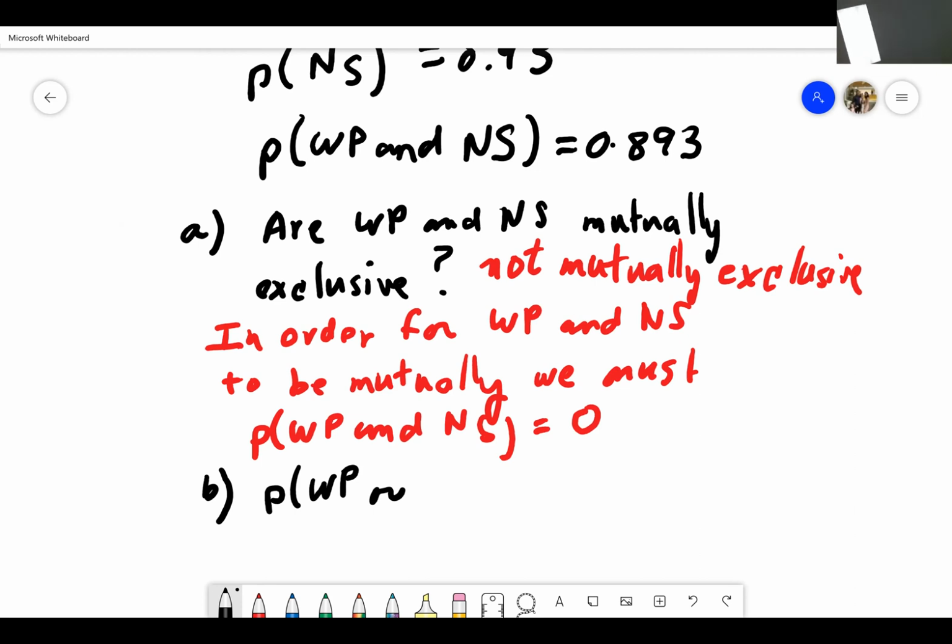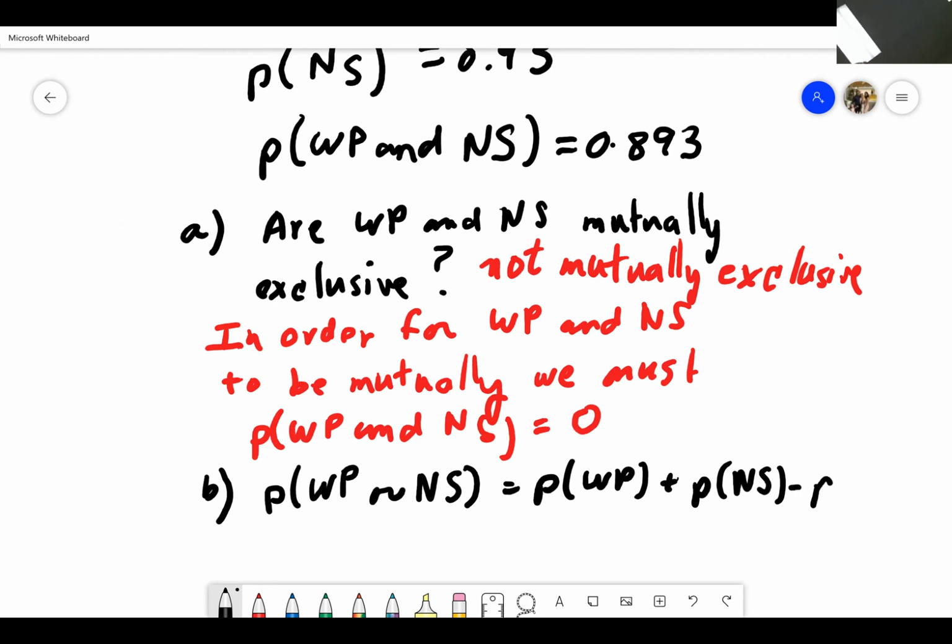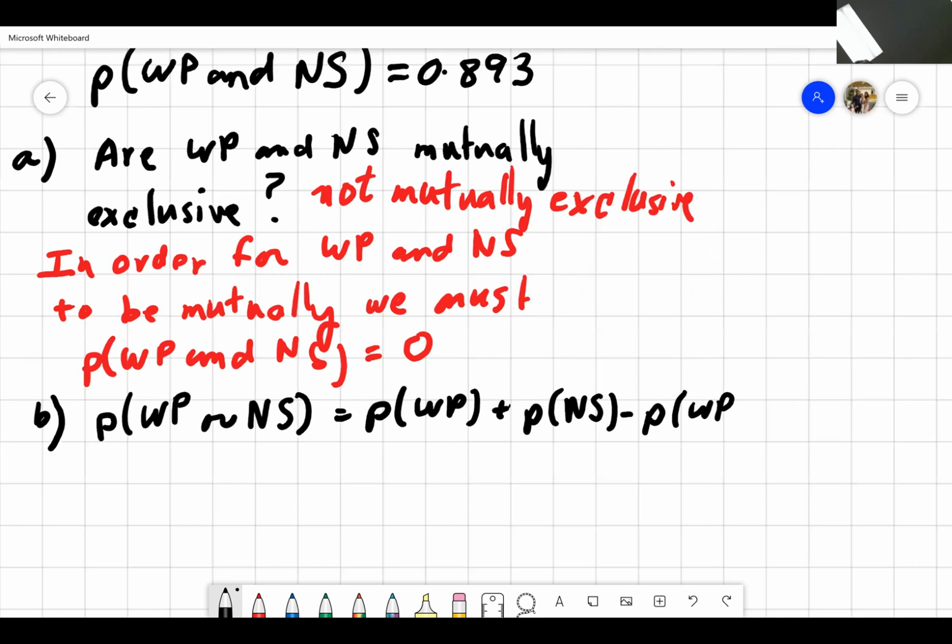The key word here, or, tells you you're using the addition rule. So it's the probability of WP plus the probability of NS minus the probability of WP and NS.